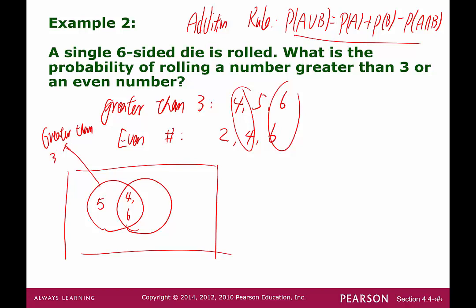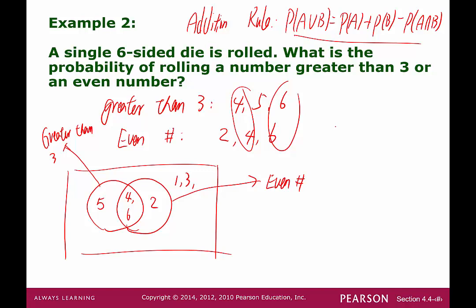The other one is even number. And 2 is only in the even circle. The remaining numbers, 1 and 3, will be outside of those two circles.